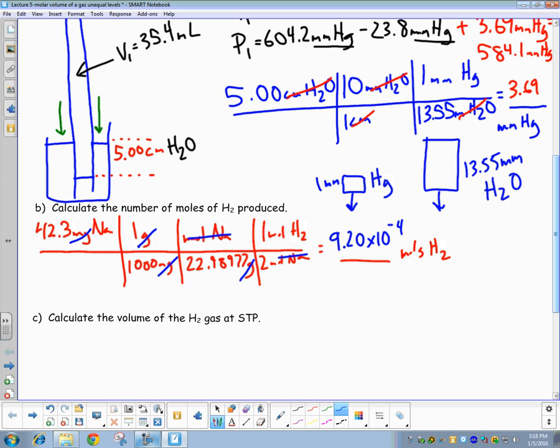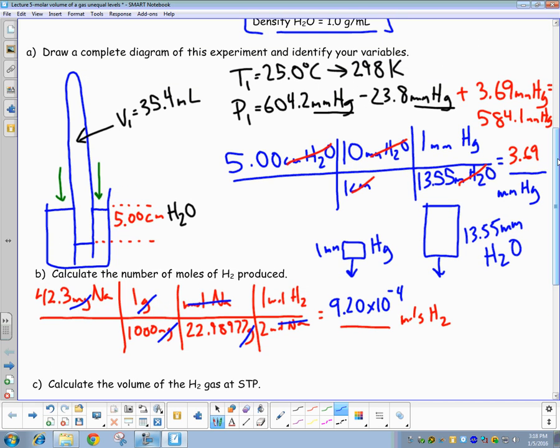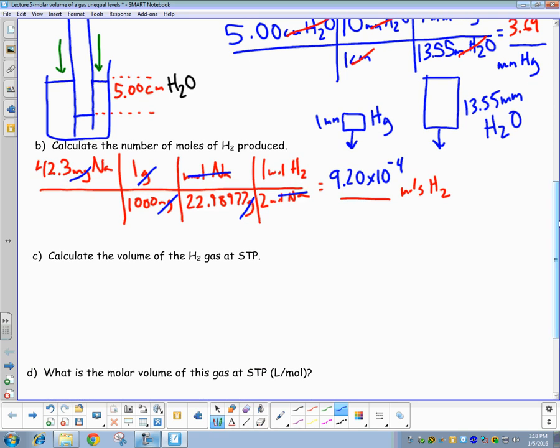Now, part C, calculate the volume of H2 gas at STP. We have identified in the diagram, part A, T1, P1, and V1. So we know that we're going to use the combined gas law here. We're going to have P1 V1 over T1 is going to equal P2 V2 over T2.